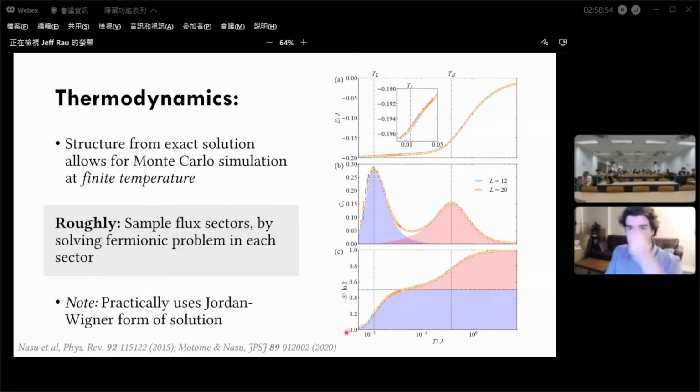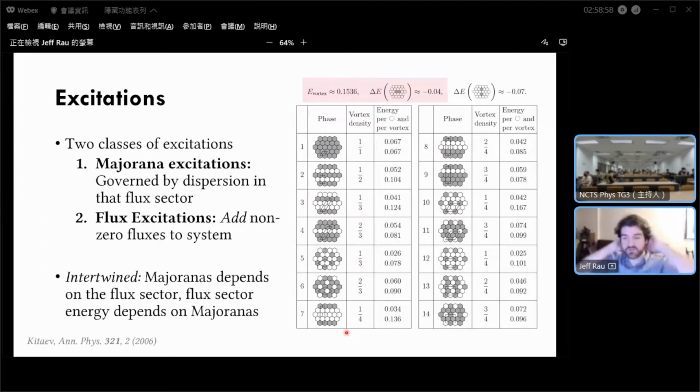Okay, so what's going on? Here we basically have two classes of excitations. One, we saw the ground state sector was described by these gapless Majorana fermions, right? And so this is governed by that graphene-like dispersion. But we also have the static gauge field, which when we change that, we can put excitations into there.